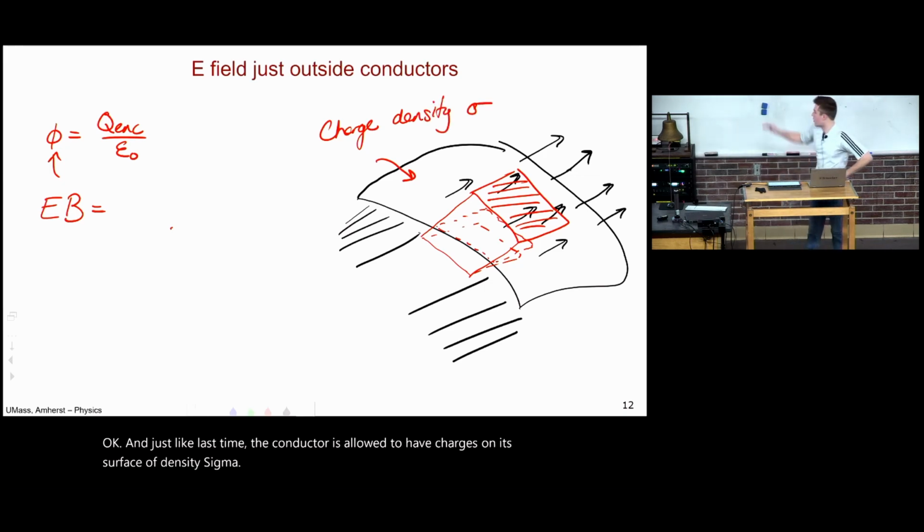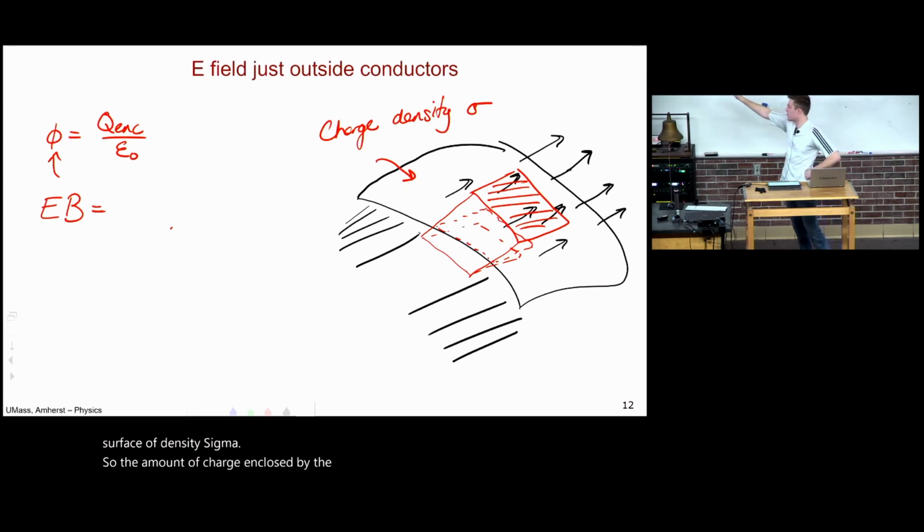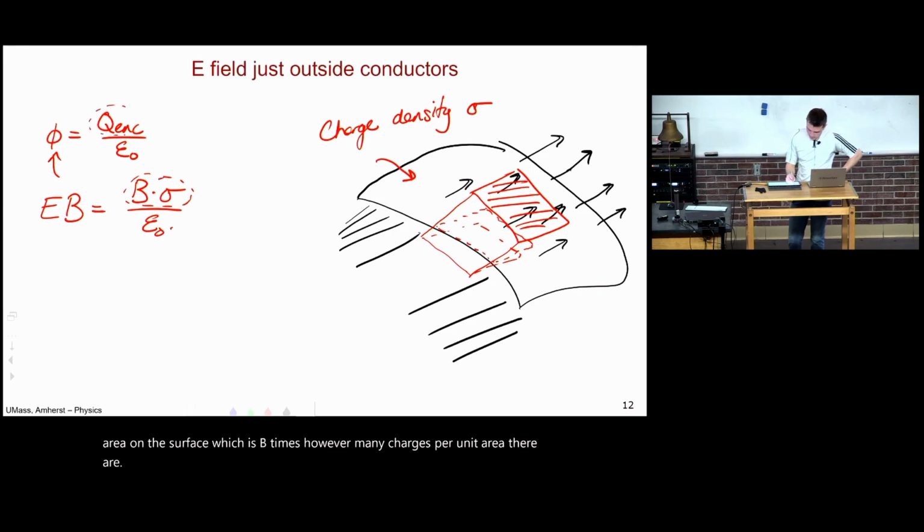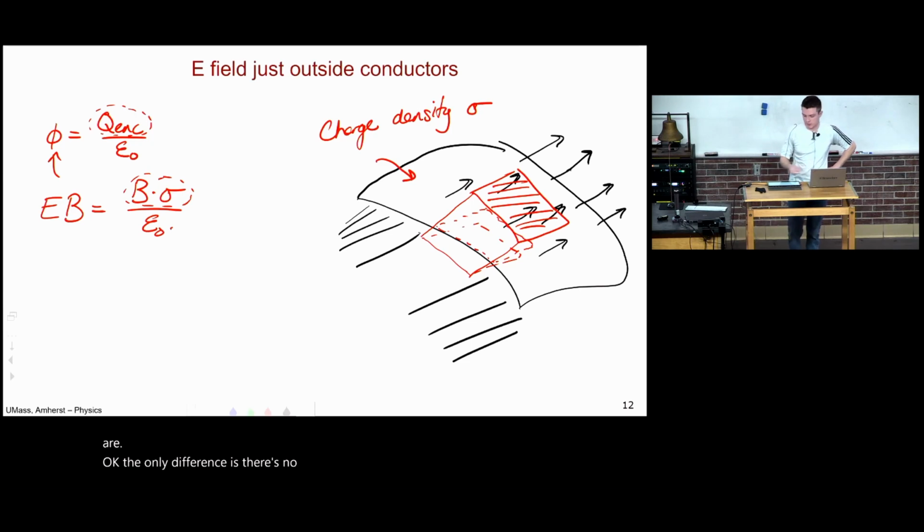So the amount of charge enclosed by the box is the same as last time. It's the area on the surface, which is B, times however many charges per unit area there are. The only difference is there's no 2 on the left side of this equation because there's no electric field on this lower edge.